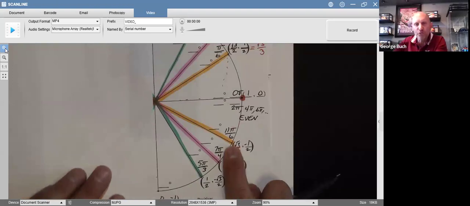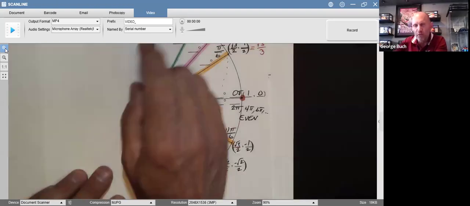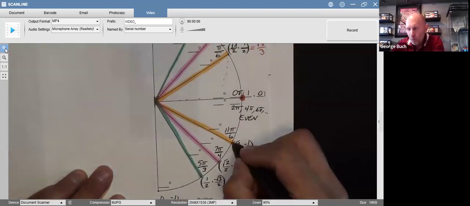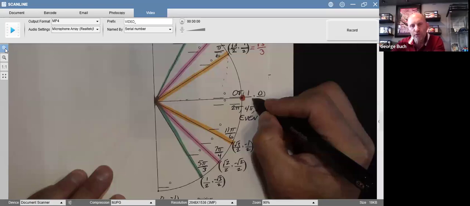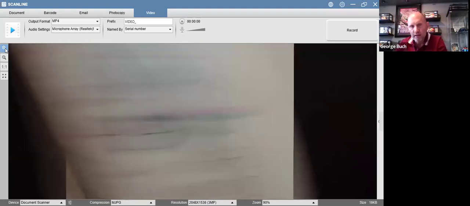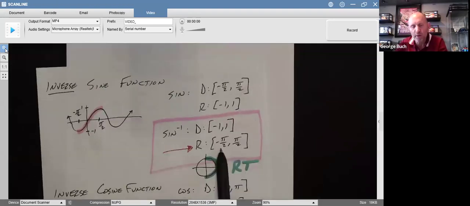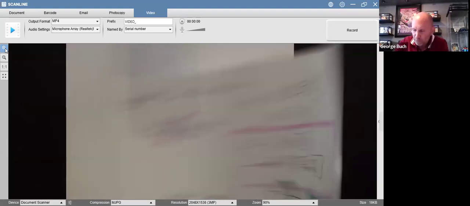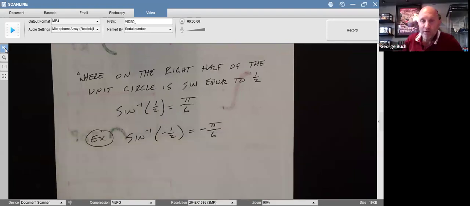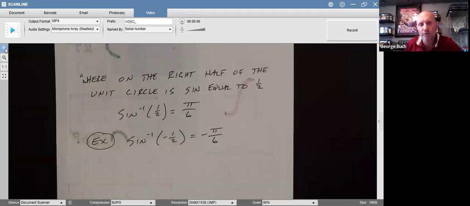I can't get to 11 pi over 6 because I have this fence built down the y-axis. The only way to get to this point is to go negative pi over 6. Because remember, my answer for sine has to be between negative pi over 2 and pi over 2, and 11 pi over 6 is not between these two values. So for this one, my answer must be negative pi over 6. If on a test you tell me the answer is 11 pi over 6, it's wrong. It cannot be.